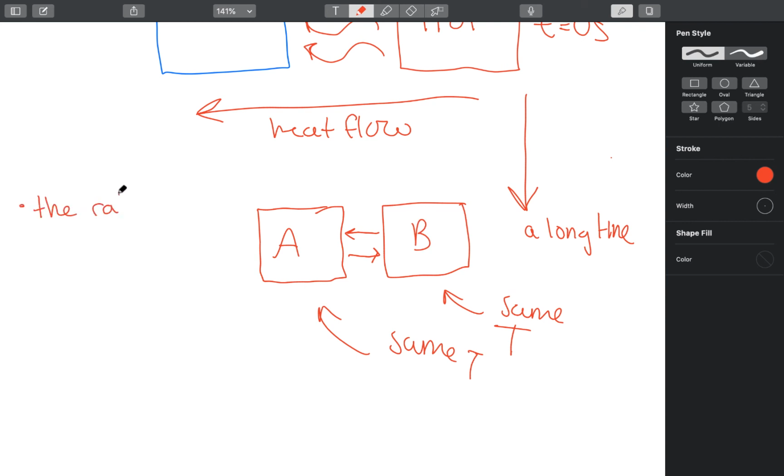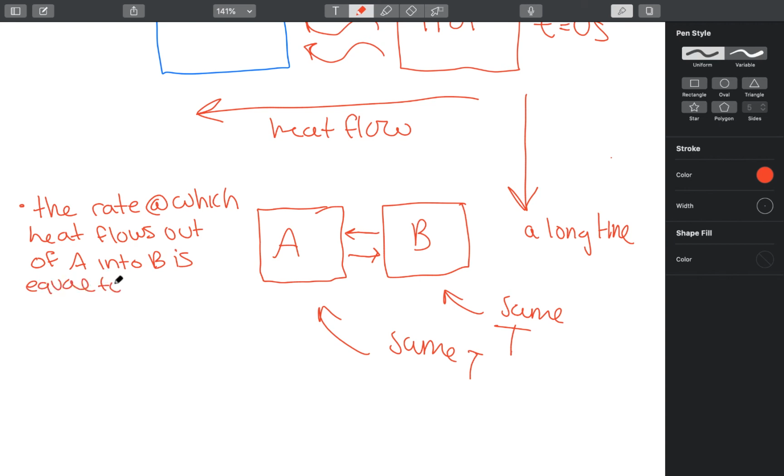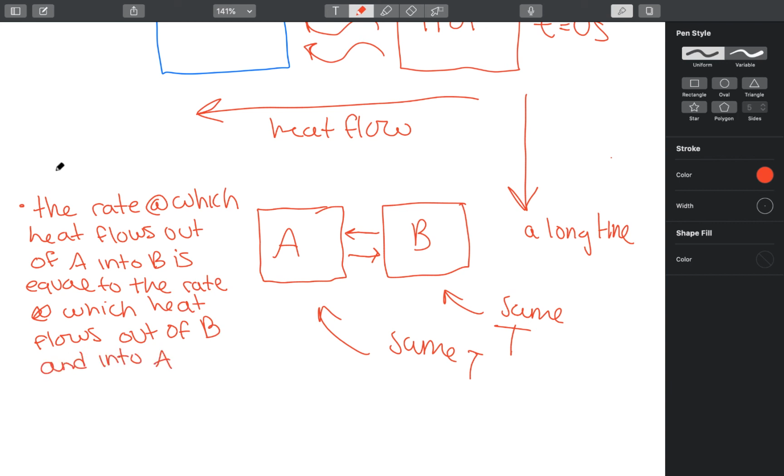the rate at which heat flows out of A into B is equal to the rate at which heat flows out of B and into A. So this is what thermal equilibrium means.